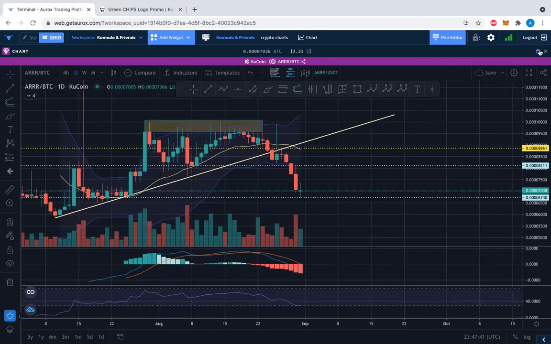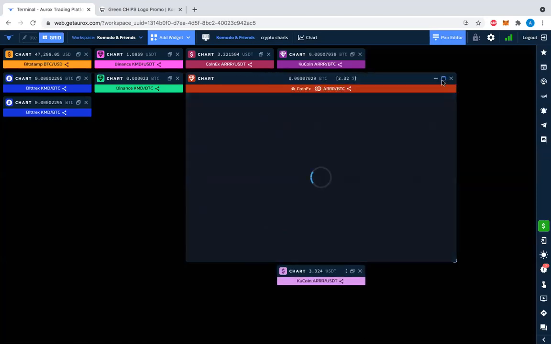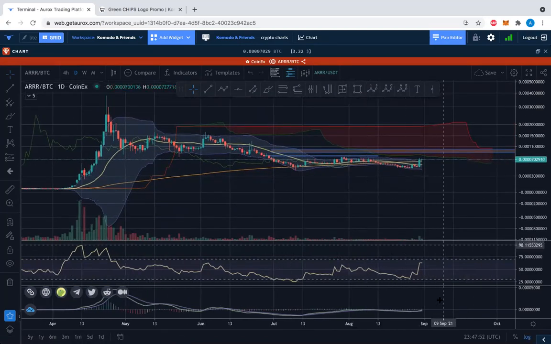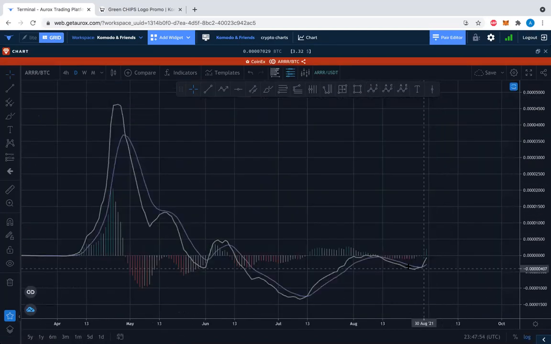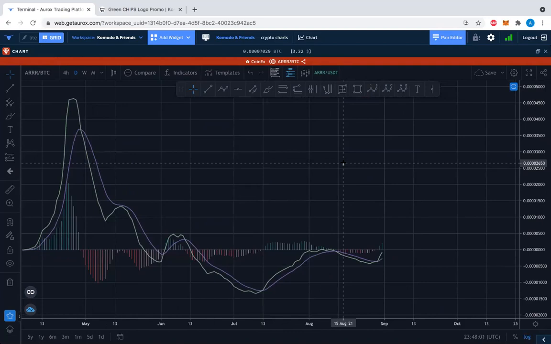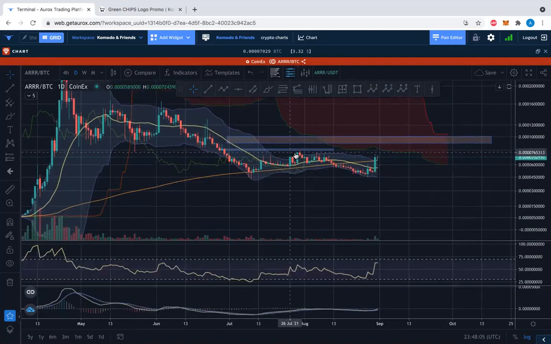Let's compare it to the MACD on the RBTC from CoinEx. Oh yeah, so MACD, RBTC, CoinEx also already showing some green bullishness. So I get the sense that we're starting to test this level here.